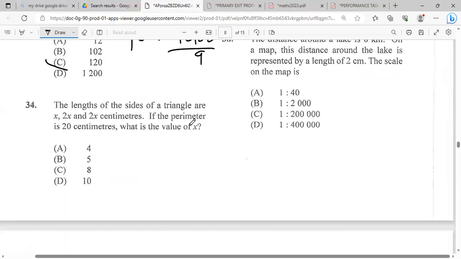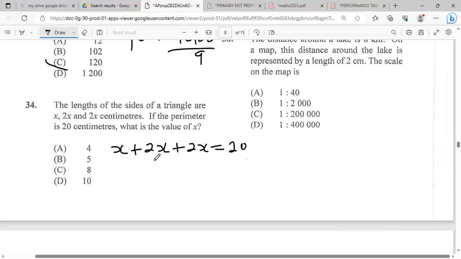Item 24 says the lengths of the sides of a triangle are x centimeters, 2x, and 2x centimeters. If the perimeter is 20, what is the value of x? We know that perimeter means the total distance around. So we just add all 3 sides, and that must equal 20.